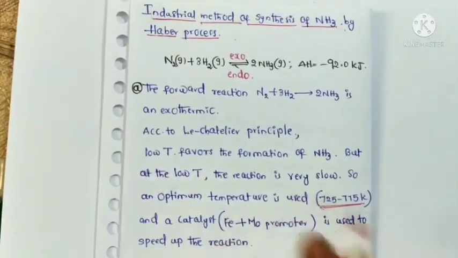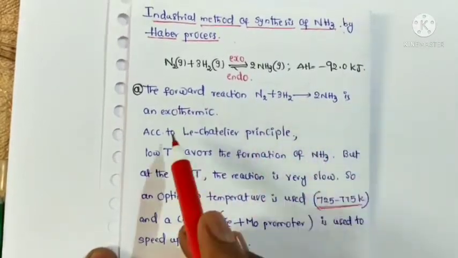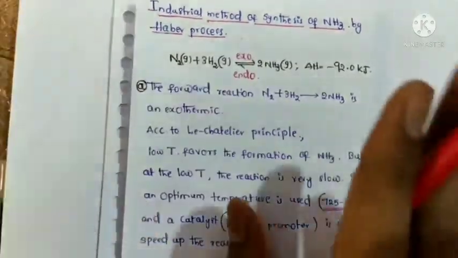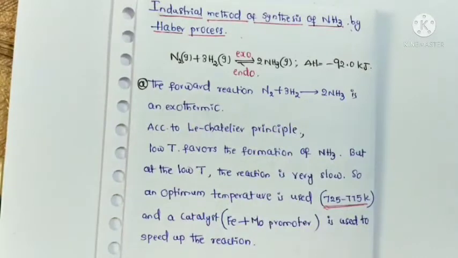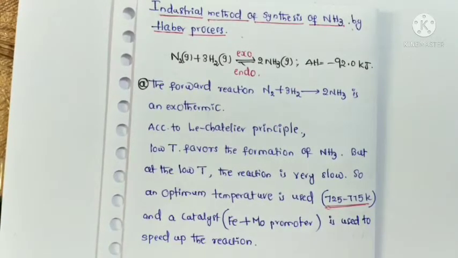Okay, now the forward reaction, the formation of ammonia, is an exothermic reaction. So according to Le Chatelier's principle, what happens? For an exothermic reaction, low temperature is favorable.